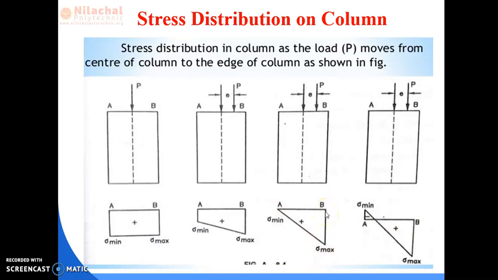And sigma max is equal to sigma O plus sigma B, so 2 times sigma B, and sigma max will be more than sigma B.